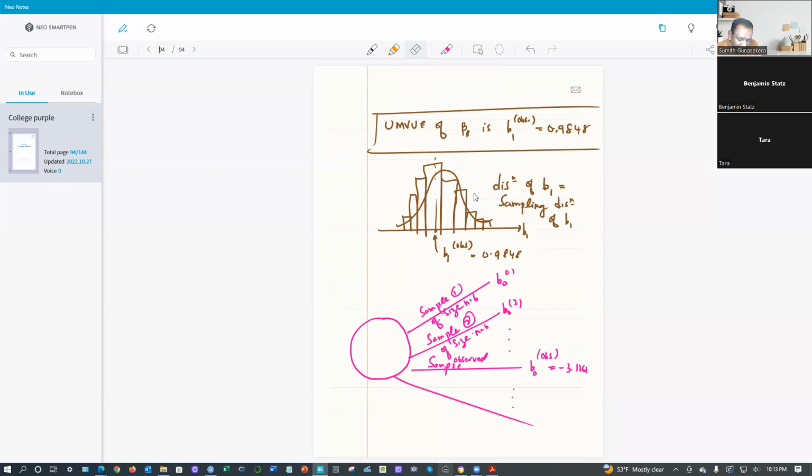Let's say 1000 samples, the 1000th sample of the same size, n equals 6. You create that one, and can you calculate the 1001?